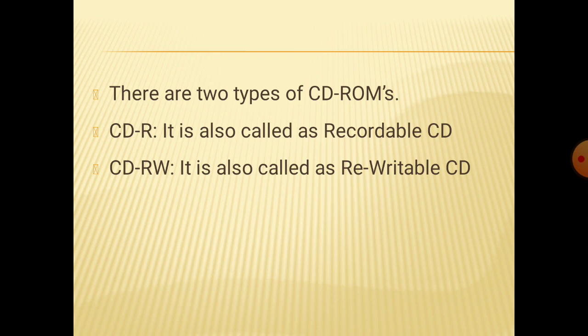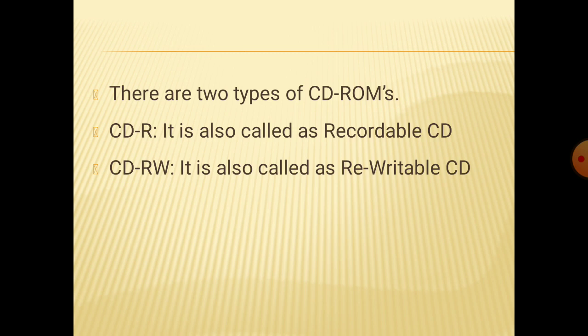CD-ROM means compact disk read-only memory, CD-R means compact disk recordable, and CD-RW means compact disk rewritable. In CD-ROM, the manufacturer will enter the data, like software CDs, those CDs are CD-ROMs.